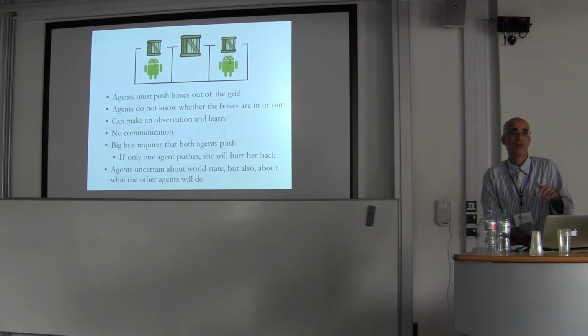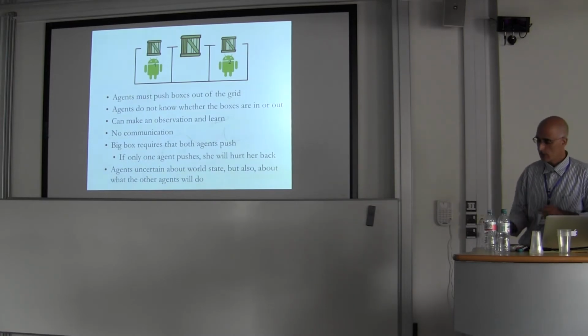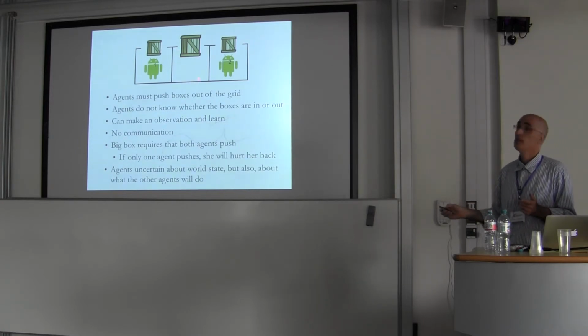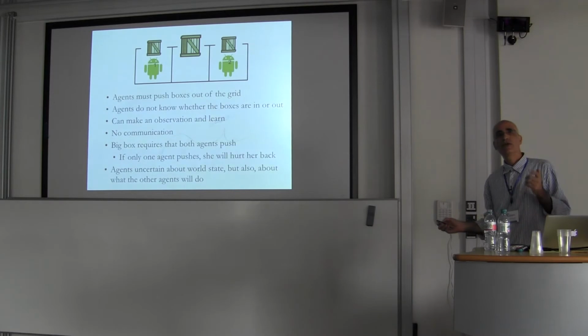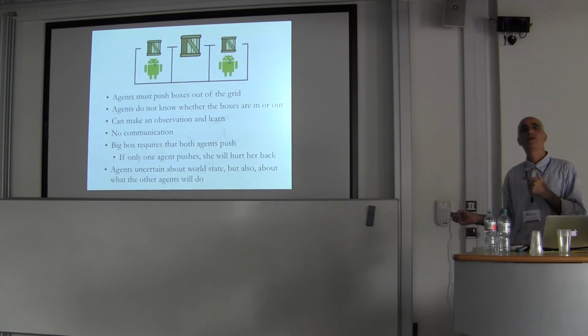We have to observe if the box is in the grid or outside the grid. But when we're in the central location here, the agent doesn't know whether the other agent will be pushing the box as well. So not only does the agent not know what the state of the world is, it doesn't know what the other agent will be doing. And that's very important to it because it doesn't want to hurt its back, right?